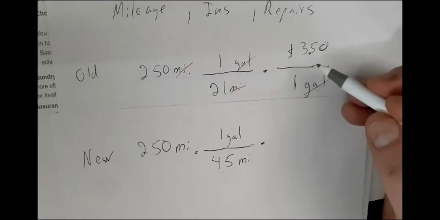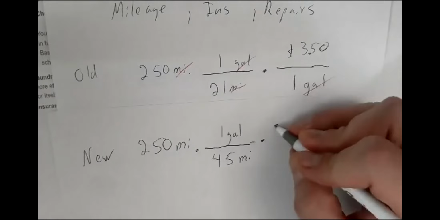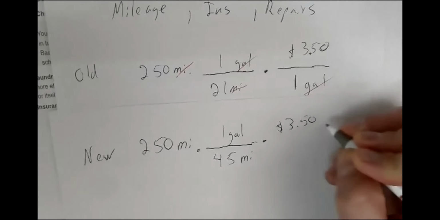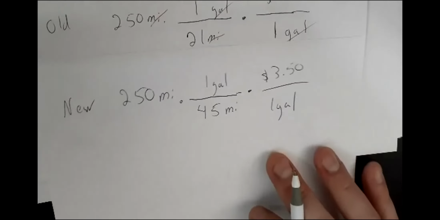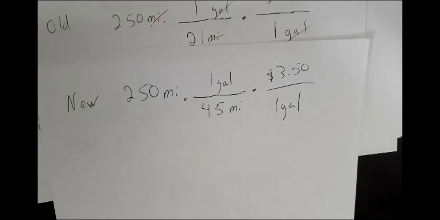And the other thing we have here is the price of gas. The price of gas is not going to change just because I buy a new car. That should stay the same. So our mileage should look very similar. We're just changing one of those factors.